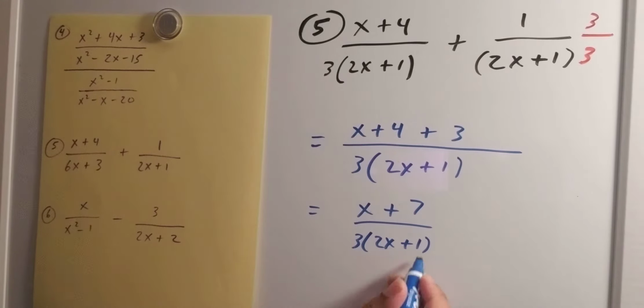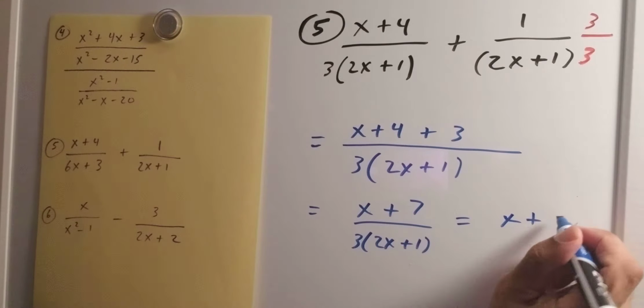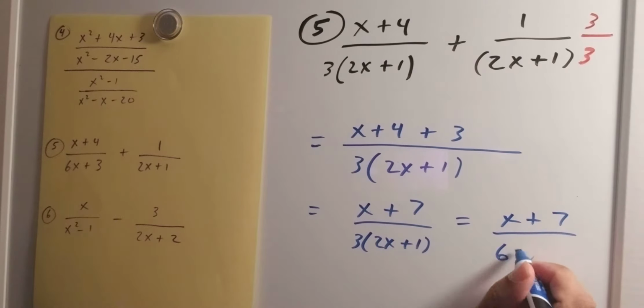You can distribute these and bring this to x plus 7 over 6x plus 3. It depends on your teacher. It depends on what the multiple choice answers look like, or it depends on your convenience and comfort. Right. Number 6 is a subtraction problem.